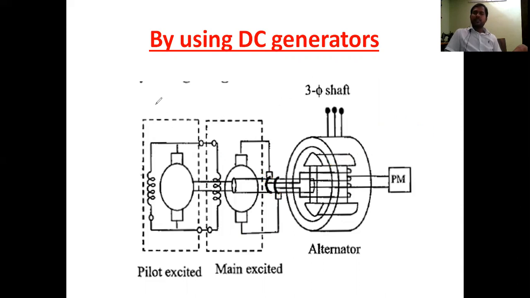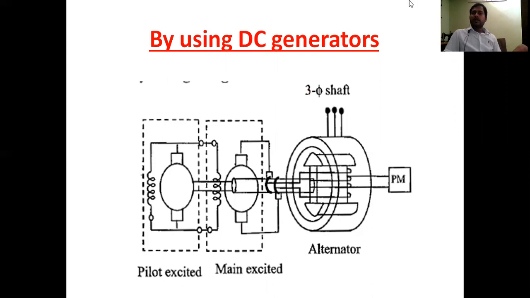You can see here there is no controlling of field current, no static control, and no automatic control in this DC generator. This is mostly used in non-renewable energy sources and also low capacity alternators.